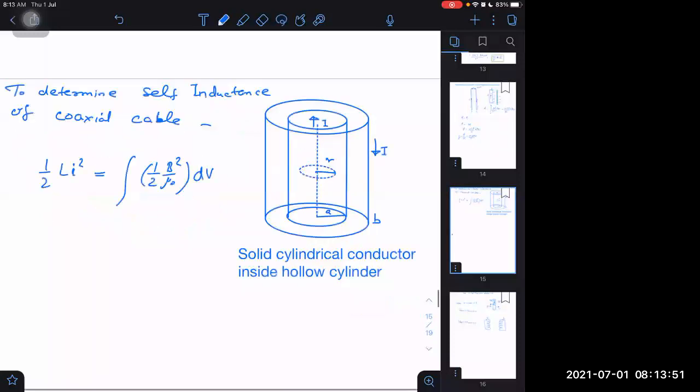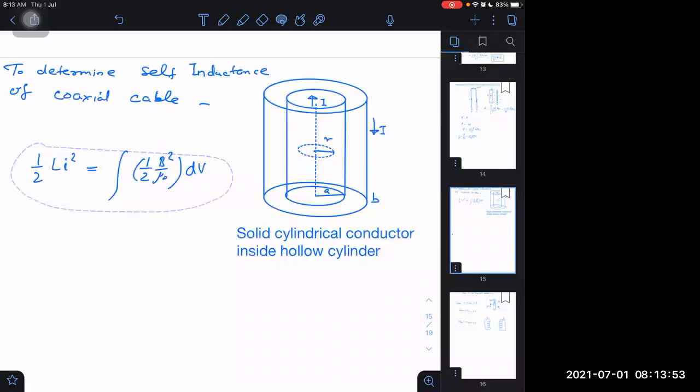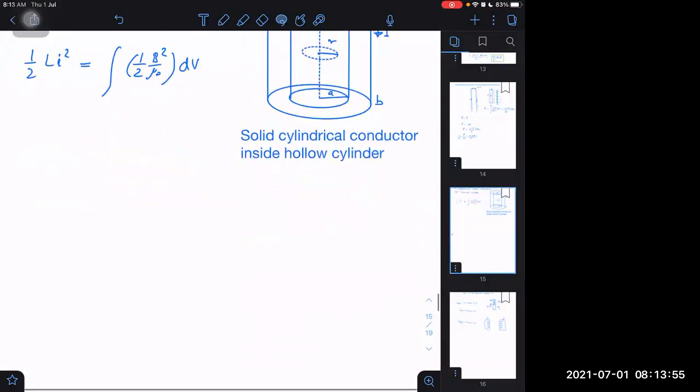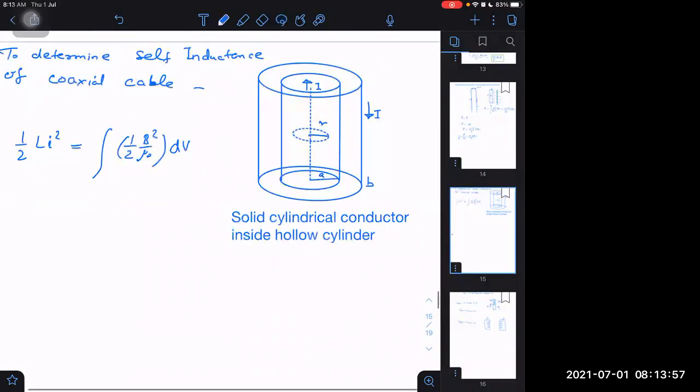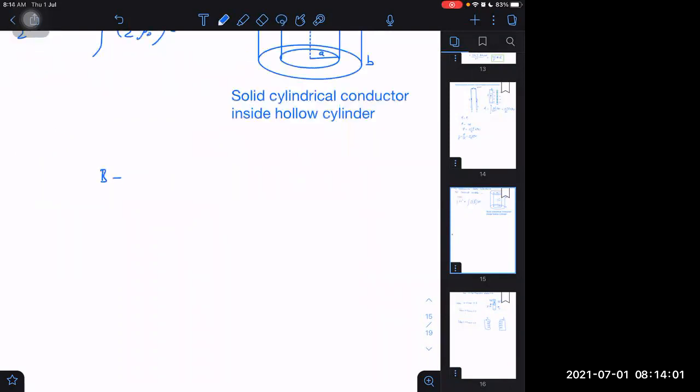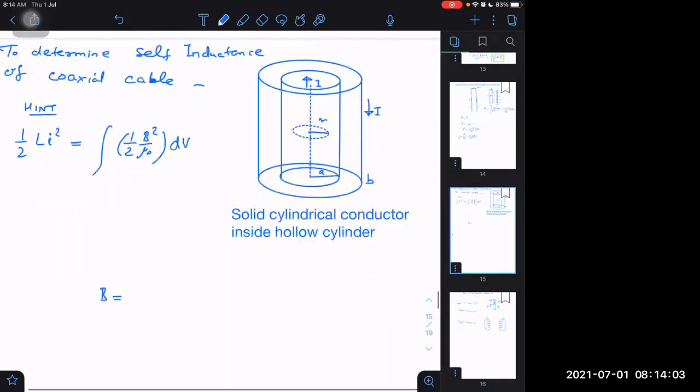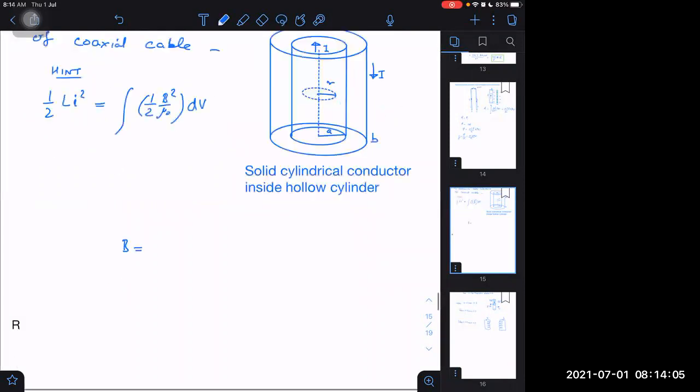Now this is just a hint that we have to use it. But how to get B? We can get B by Ampere's circuital law.